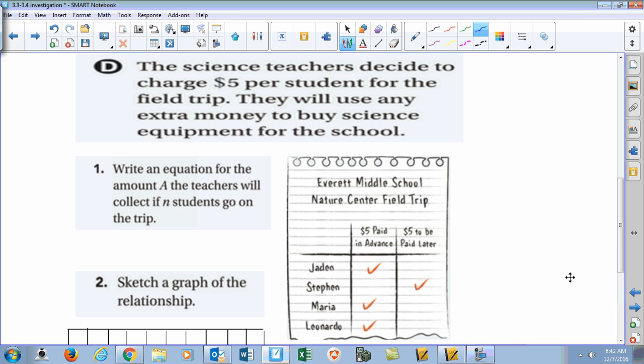So what equations did you come up with? Blake? Came up with A equals 5 over N? 5N or 5 over N? That's what you first told me.